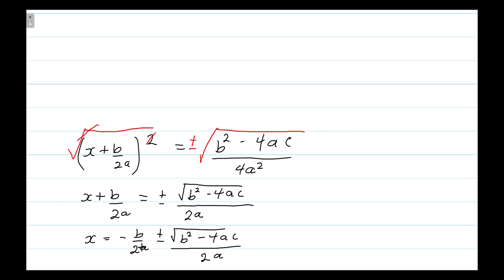So the next step is we have two fractions with a common denominator, 2a, and the sign is plus or minus, so we can add or subtract.